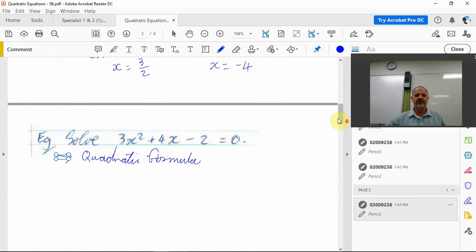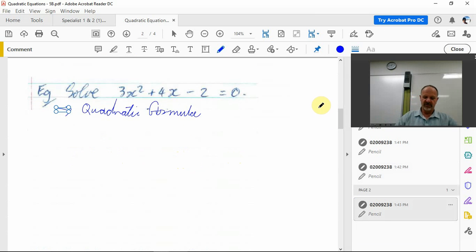All right, so the quadratic formula, remember, is x equals negative b plus or minus the square root of b squared minus 4ac, all on 2a.